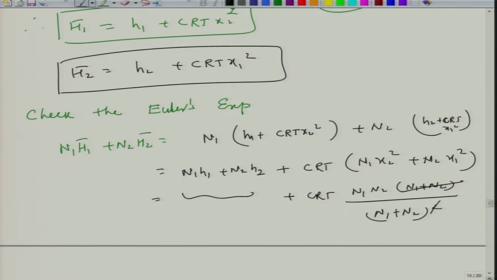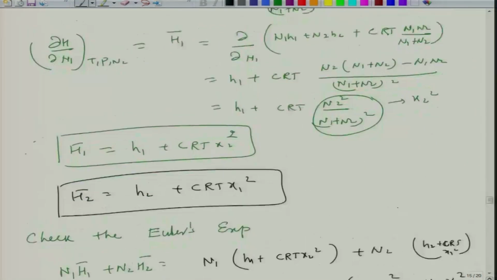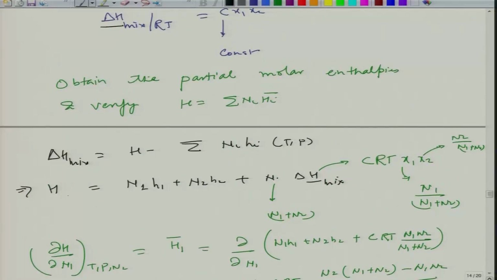So, what remains is that N1 H1 bar plus N2 H2 bar is nothing but N1 H1 plus N2 H2 plus CRT N1 N2 divided by N. Okay. This is indeed the case if you look at how we got it. This was the case, right.